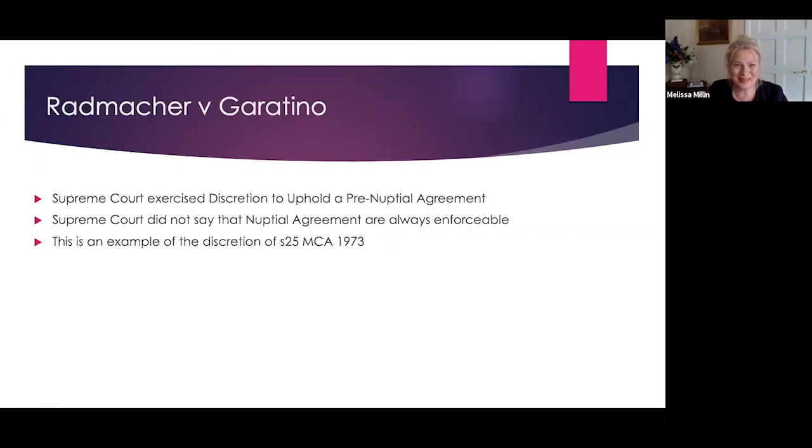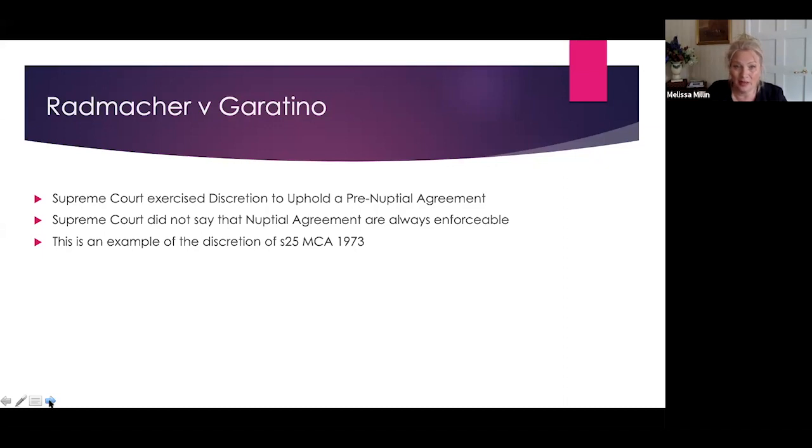The next case, Radmacher and Granatino. This is a Supreme Court decision, probably best known to help people understand the position of prenuptial contracts in a divorce scenario. And what needs to be very, very clear is the Supreme Court has been absolutely clear.